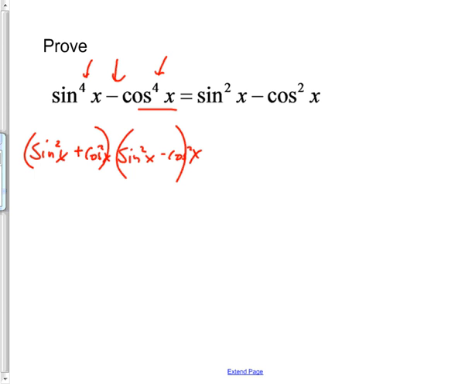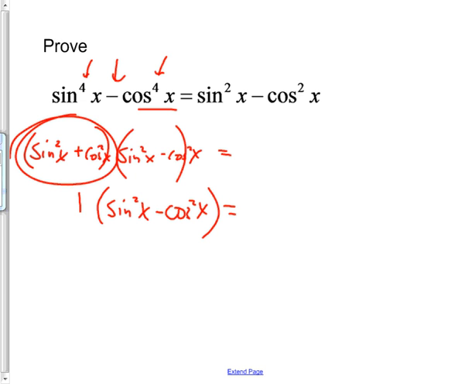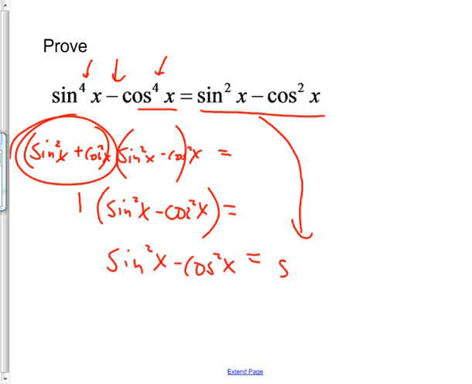Well, that was too small of a writing to fit in there. But anyway, I'm not going to do anything over there because I want this to just come out to the right thing at the end. All right, and what's this really equal to? So it's 1 times sine squared x minus cosine squared x. And isn't 1 times this the exact same thing as this? Which is equal to, bring it down. Easy peasy.